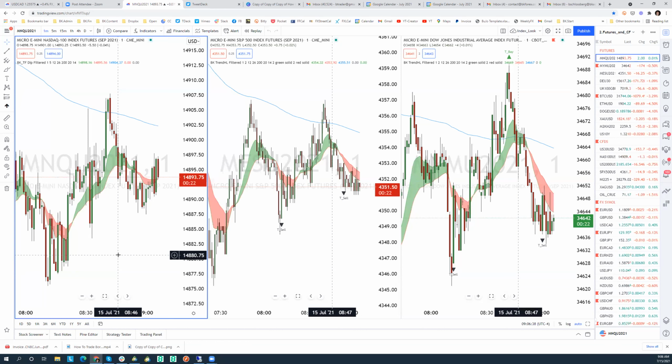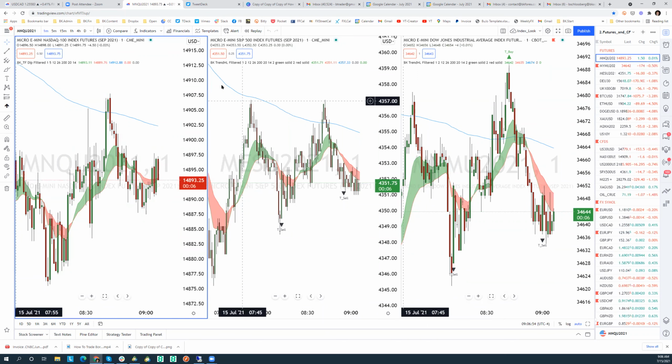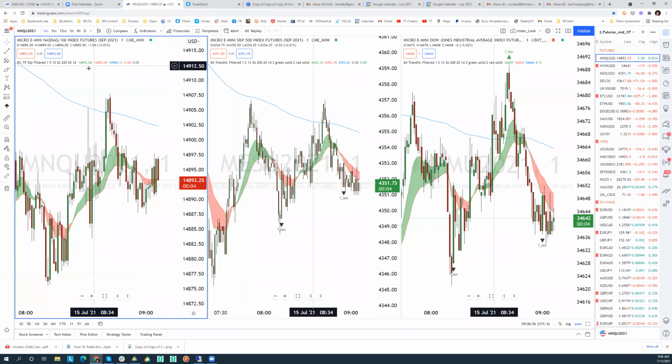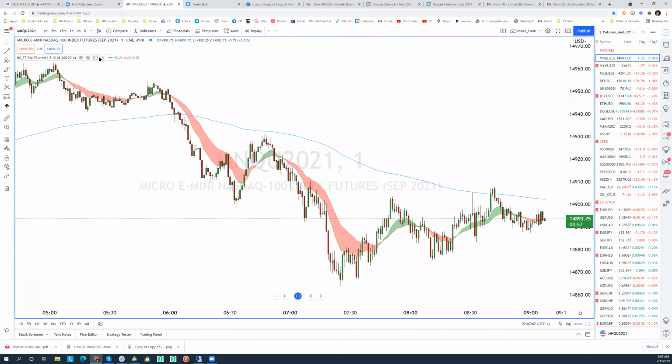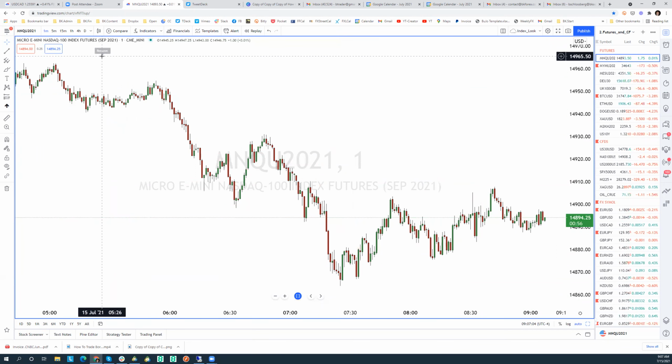One more piece of house business. You saw that I posted in the room here that the trend view has been updated. All you guys got to do is click on that link. Let me just show you what you want to do. You delete your current trend view indicator.